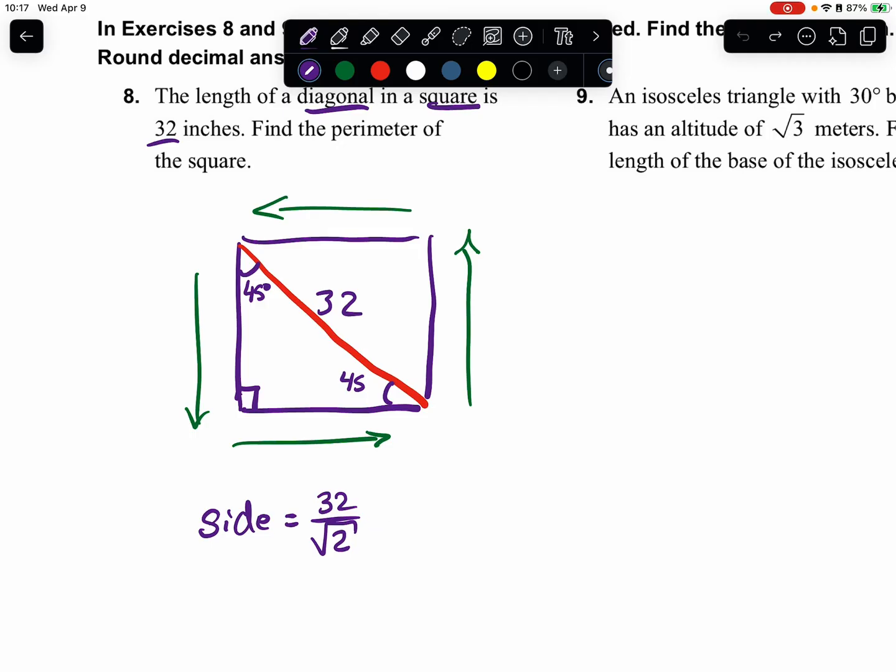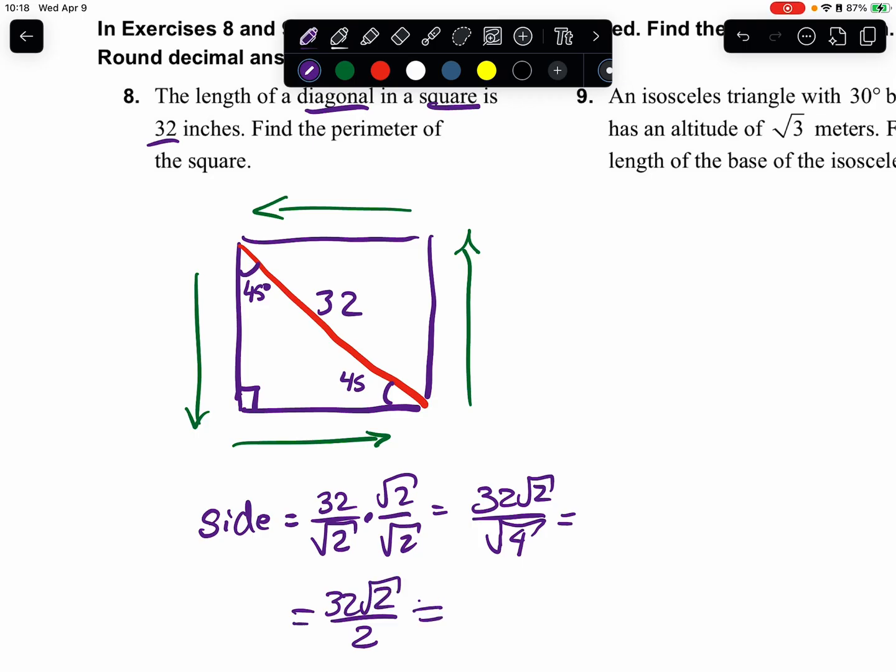Again, that radical 2 on the bottom is going to be a problem, so we're going to multiply by radical 2 over radical 2. So we get 32 radical 2 over radical 4. And radical 4 is just 2. And don't forget, we can now divide 32 by 2. So you get 16 radical 2.